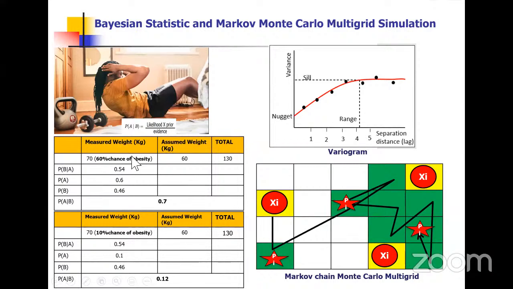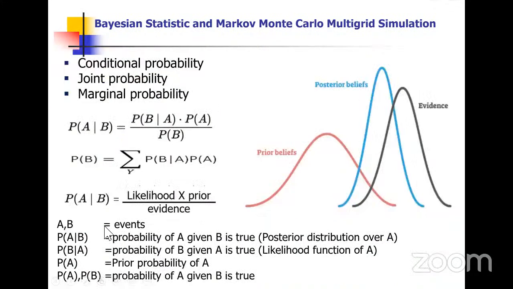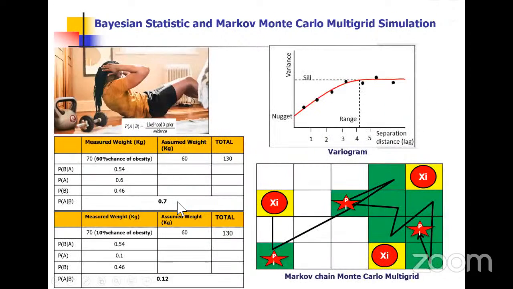The doctor already said that this person has 60% chance of being obese. That's 0.6 as probability. Then we look at the probability of 60, that gives 0.46. If you combine that in this equation, likelihood times prior all over evidence, you're going to have 70%.